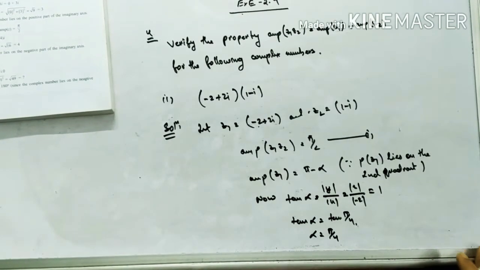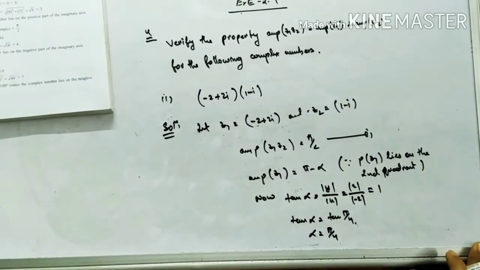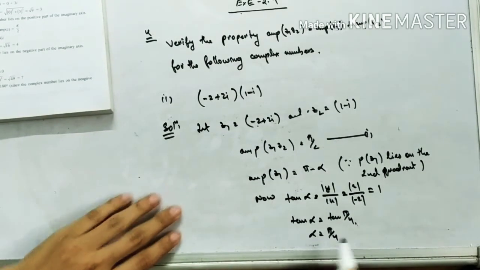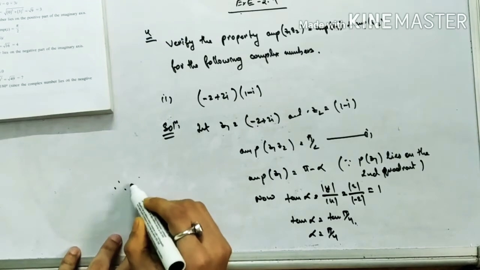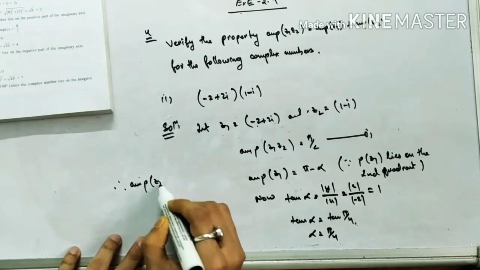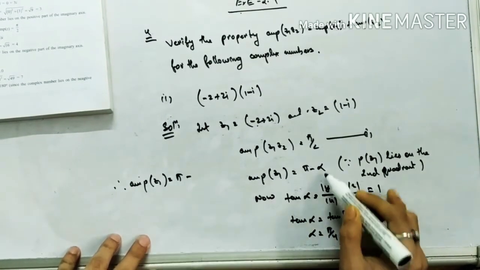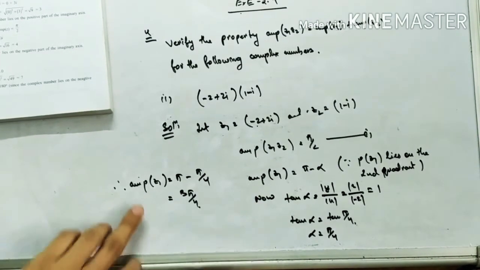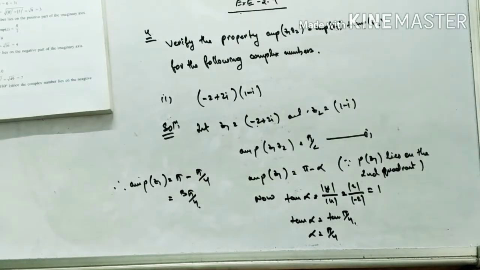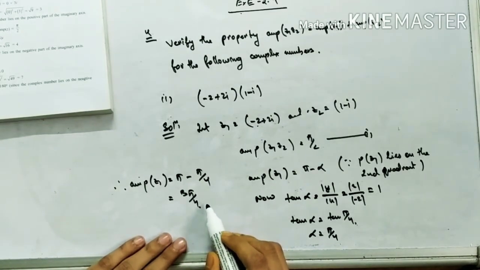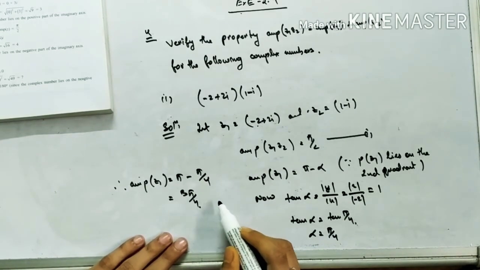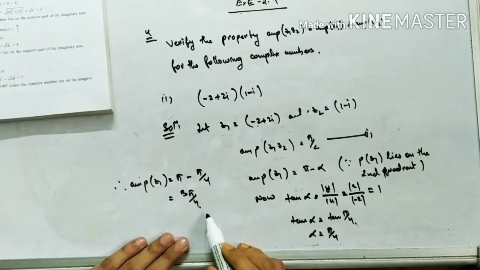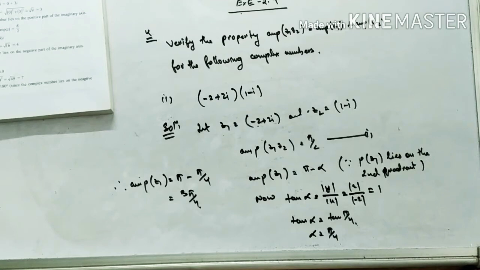Therefore amplitude z1 is pi minus pi by 4, which is 3 pi by 4. Amplitude of z1 I got is 3 pi by 4.